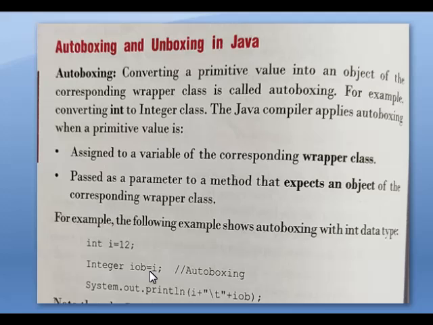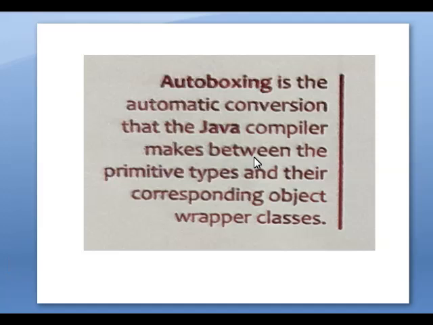In other words, variables of primitive type can be directly assigned to the corresponding wrapper class object without any conversion. This is called autoboxing. The definition is like this: autoboxing is the automatic conversion that the Java compiler makes between the primitive types and the corresponding object wrapper classes.